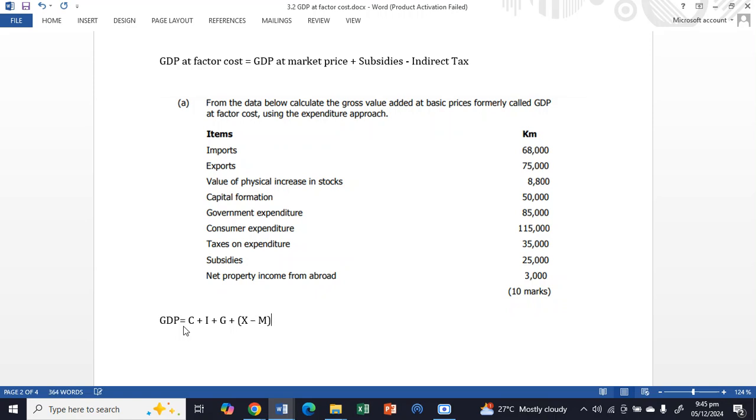So first we need to get the GDP at market price. Then we need to add any subsidies and remove any indirect taxes.